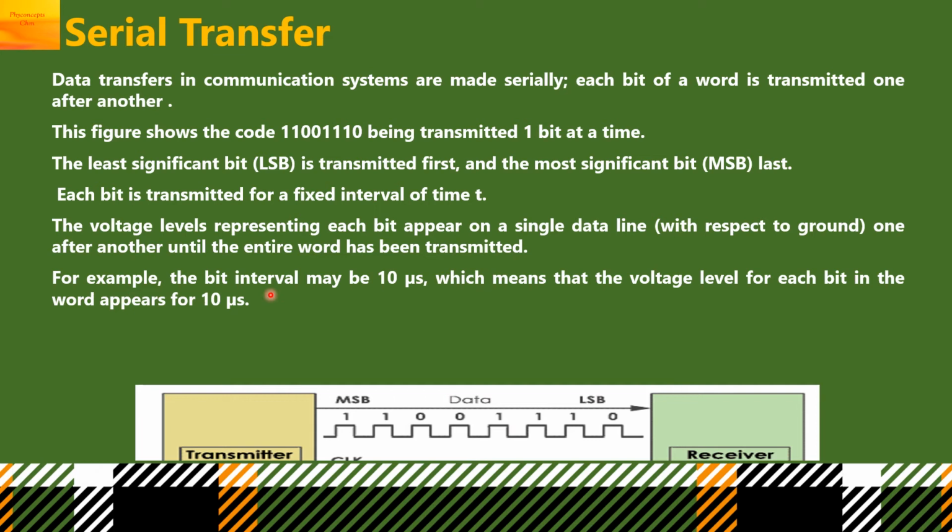For example, the bit interval may be 10 microseconds, which means that the voltage level for each bit in the word appears for 10 microseconds. It would therefore take 80 microseconds to transmit an 8-bit word.